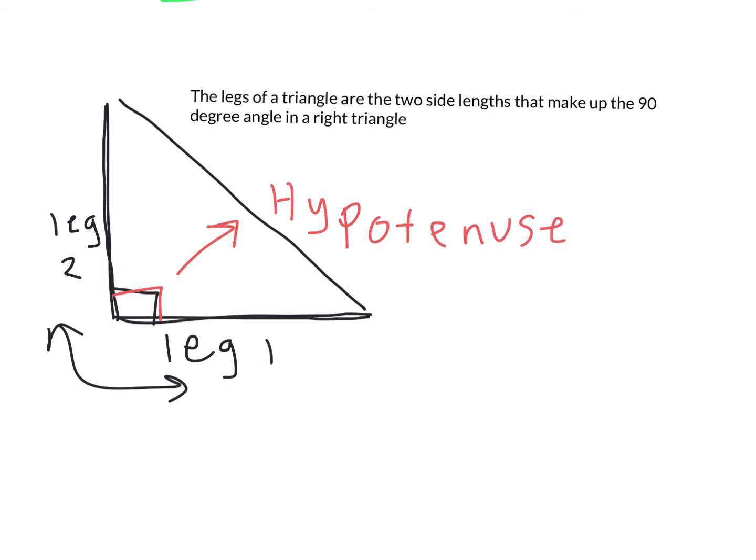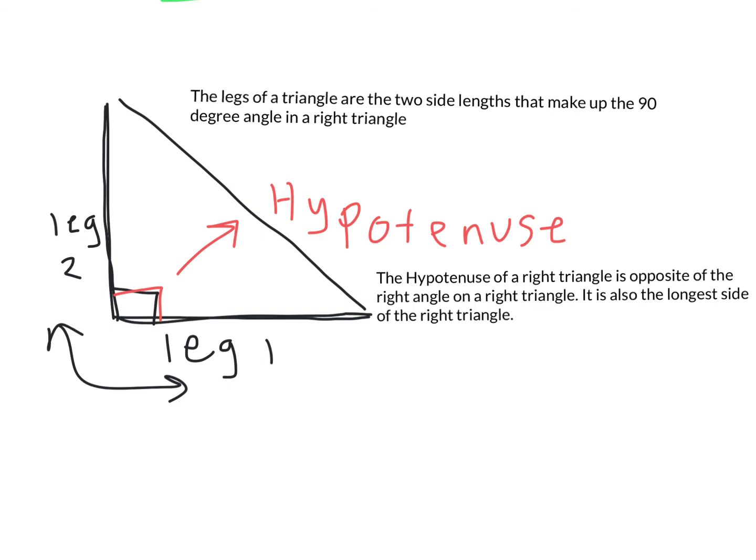The hypotenuse of a triangle is the other side length that is across from the 90-degree angle, or that is not touching the 90-degree angle.